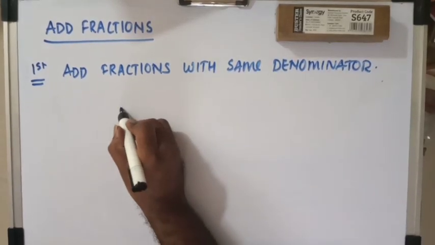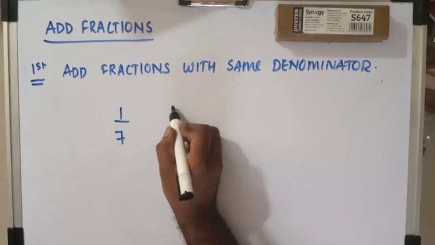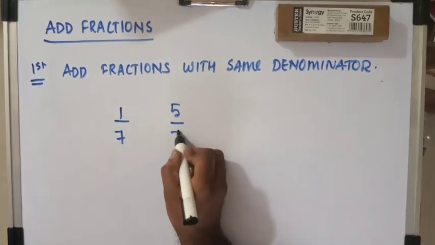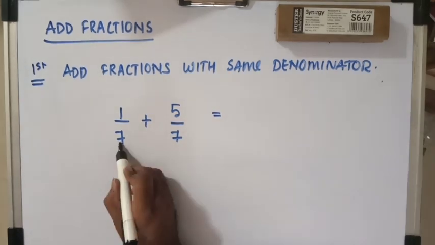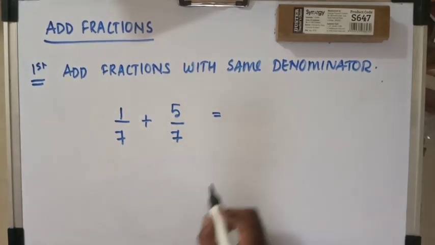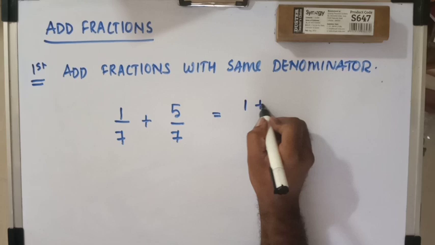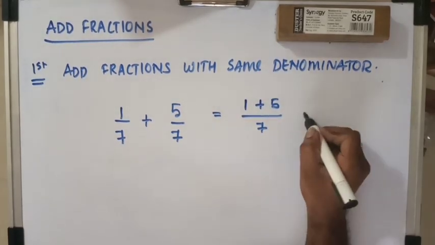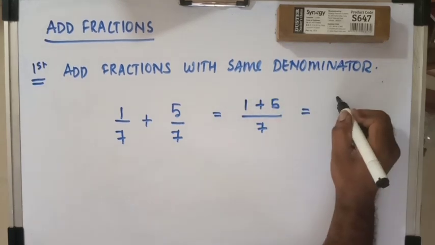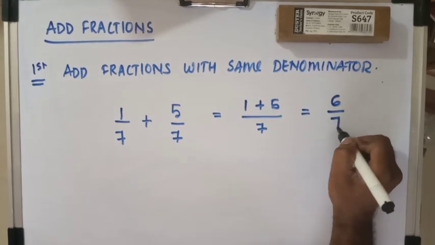Say I have a fraction 1 upon 7 and another fraction 5 upon 7. Whenever the denominator is same, you will add the numerators directly and take the common denominator. So on adding the numerators, 5 plus 1 is 6 upon 7.